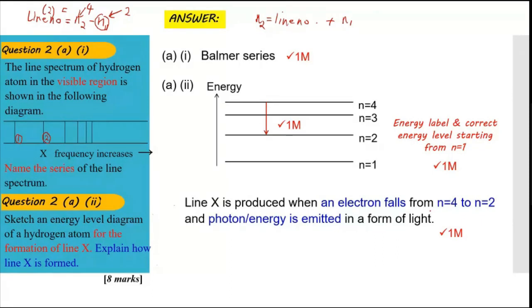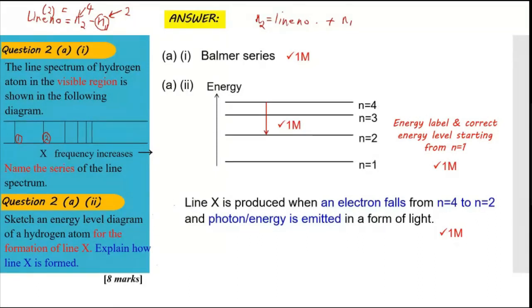So for marks here: 1 mark for Balmer series, and then transition arrow correct, 4 to 2, 1 mark. And then the energy label, correct energy levels starting from n equal to 1, 1 mark. That means you label all this. And the last is the explanation.